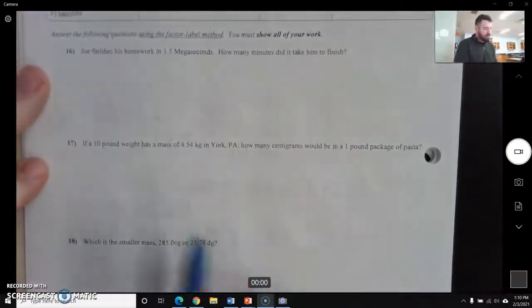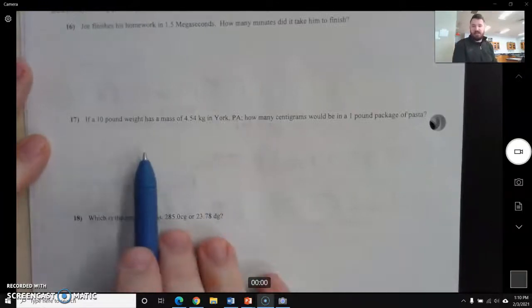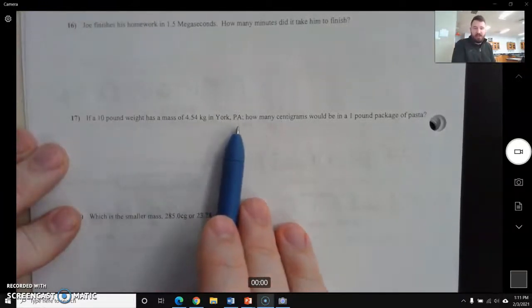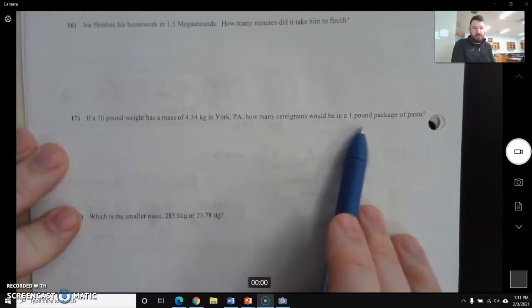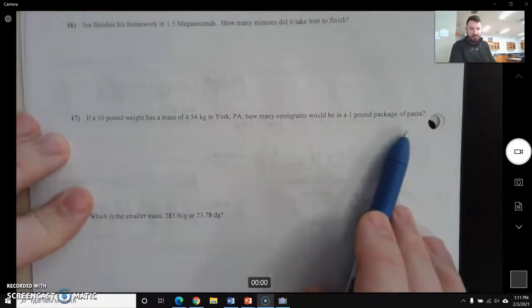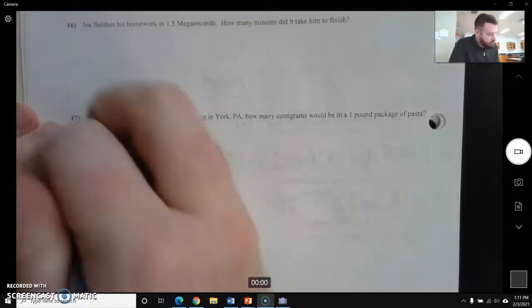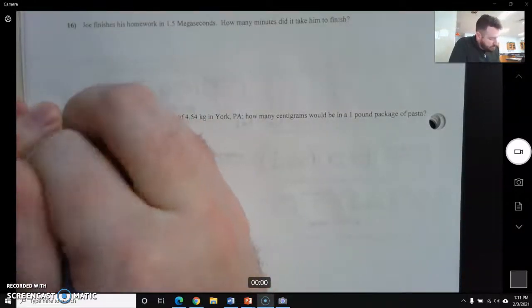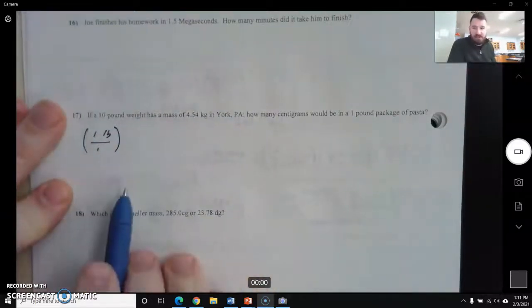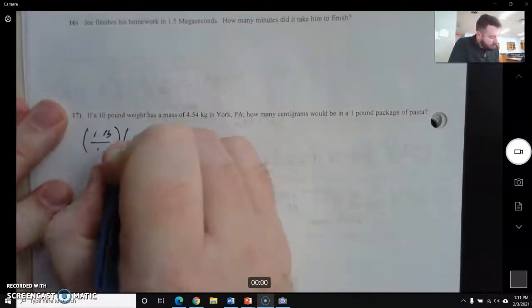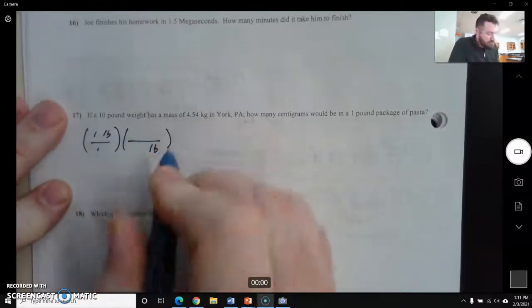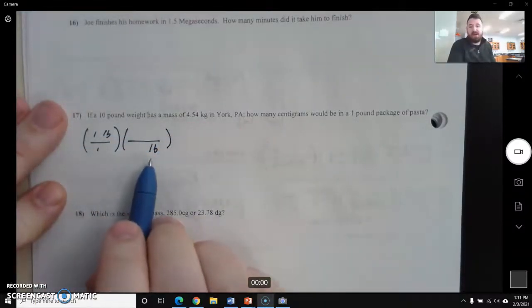Alrighty. So let's take a look at number 17. If a 10-pound weight has a mass of 4.54 kilograms in York, PA, how many centigrams would a 1-pound package of pasta be? So we're going to start with 1 pound. I'm going to put that over 1 and in parentheses. I don't know where I'm going yet, but I do know that wherever I go, it's going to be something that I can convert from pounds, right?